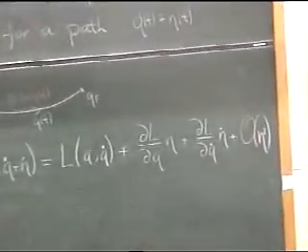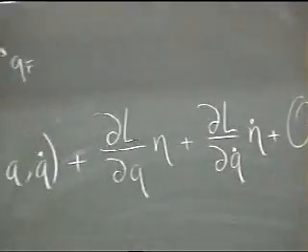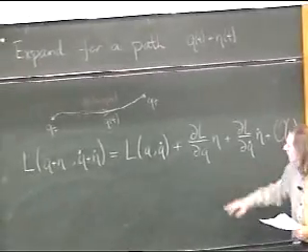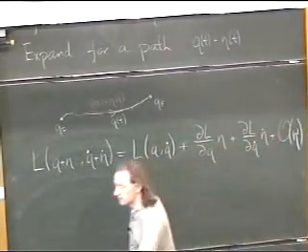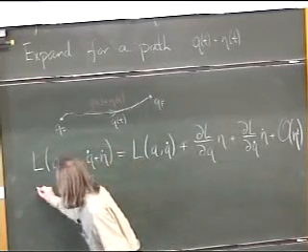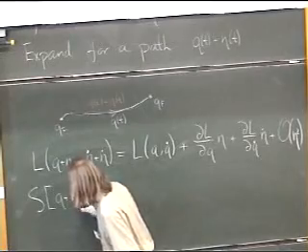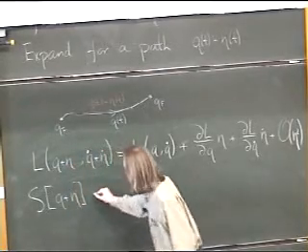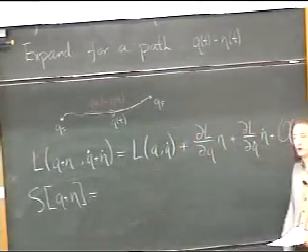I mean by that eta squared, eta dot squared, and everything like that. This is what we get to linear order, and then for the action we have to integrate. So the action at q plus eta, we integrate this thing over time.